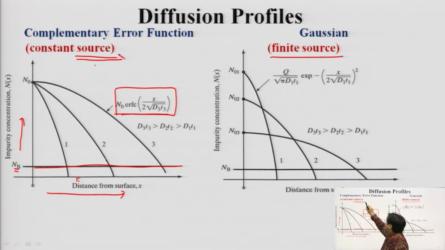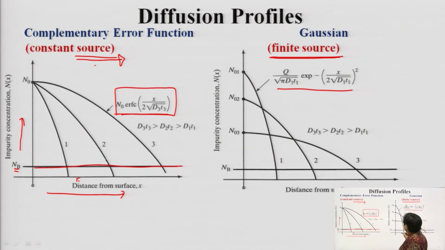Under those favorable conditions, when the diffusion process was carried out, we got the complementary error function profile. Whereas, we then eliminated the source and continued the diffusion process. Now the dopant species are available within the bulk, and we are further initiating the diffusion. Under such a situation we represent it by finite source diffusion, and the profile we get is represented by a Gaussian profile or Gaussian equation.